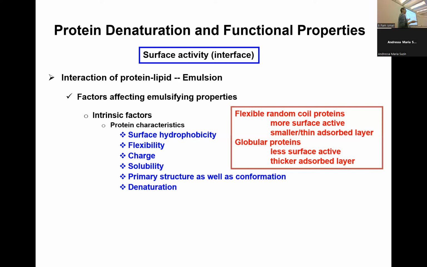A mixture of both will be great to have this flexibility, so that you get the quickness and ability to form the emulsion and emulsify a larger amount of oil or water in oil. But at the same time, you want that stability to avoid coalescence and phase separation.